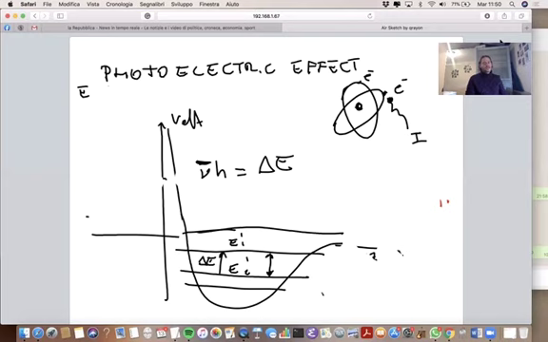So the result of that was, in the end, that people had to abandon these ideas and accept the fact that they had to rebuild an entirely new theory based on completely different concepts. And that's what we're going to do starting from next lecture.